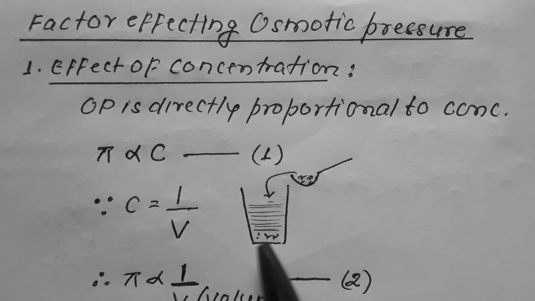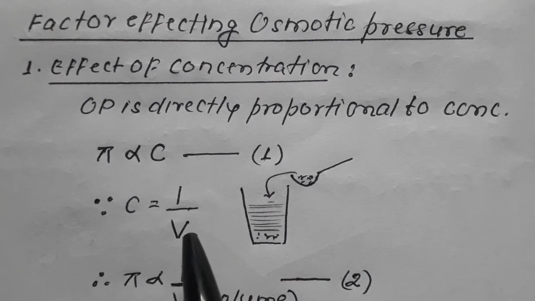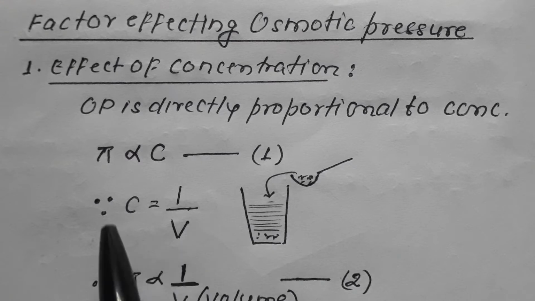Then slowly the concentration will decrease. That is, C is reciprocal of V, C is equal to 1 by V. As volume increases, concentration decreases; volume decreases, concentration increases, and vice versa.